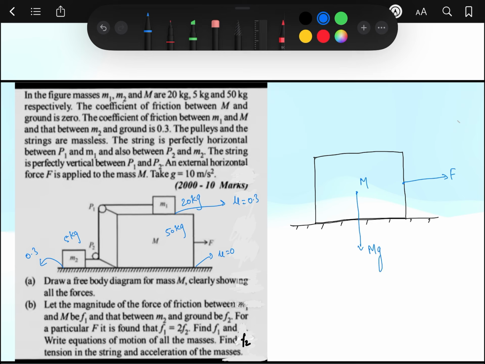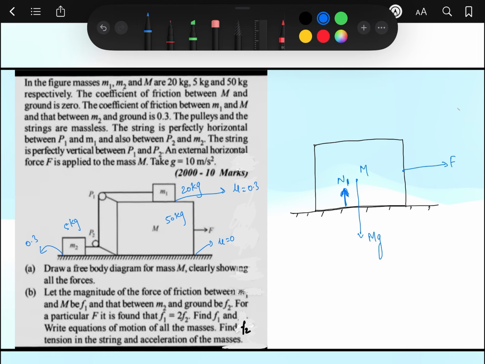One force is acting on this block due to contact with the ground surface, that is equal to, let me call it normal force N1, right? And another force is also acting due to this M1 mass, as it is in contact here. So one force will be acting in downward direction, let me call it N2.